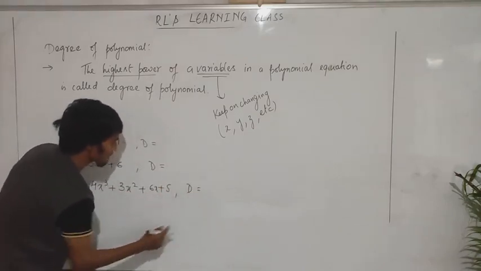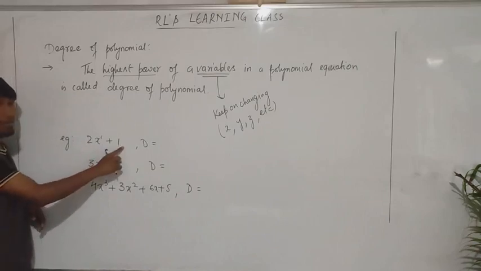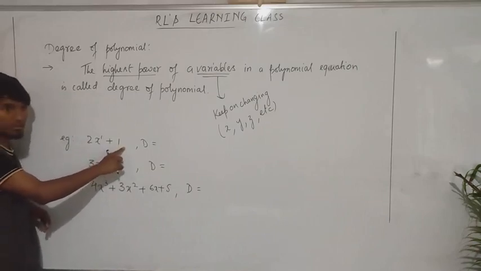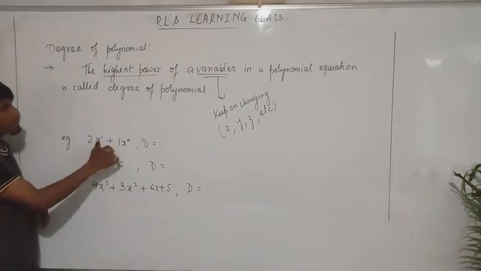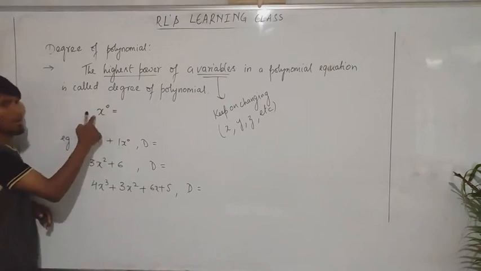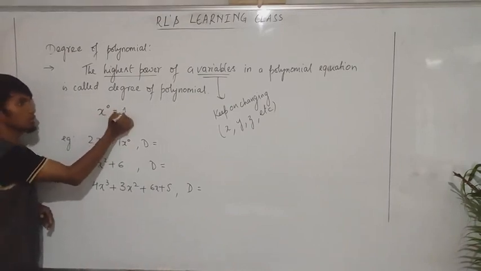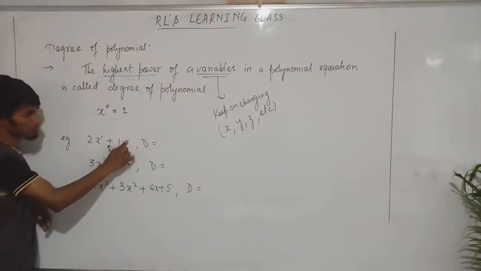What's the degree here? Which one is the highest power? Here it will be 1. Here there is no x. That doesn't mean there is no x. x will be there, but x to the power 0. You have always studied in class 7 that anything to the power 0 will be equal to 1. That's why I don't put x to the power 0 here.